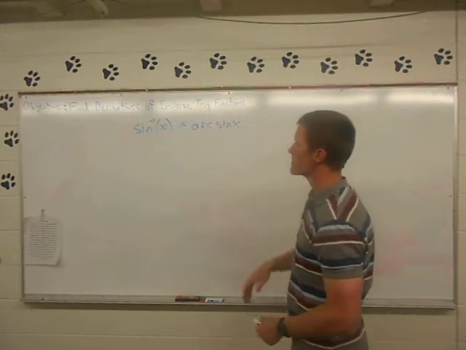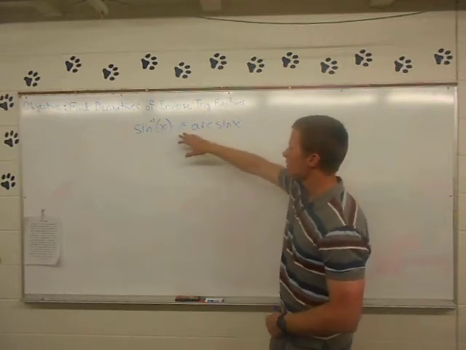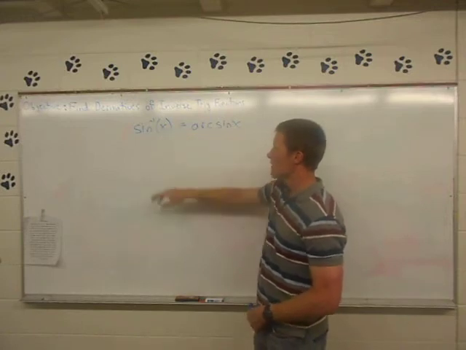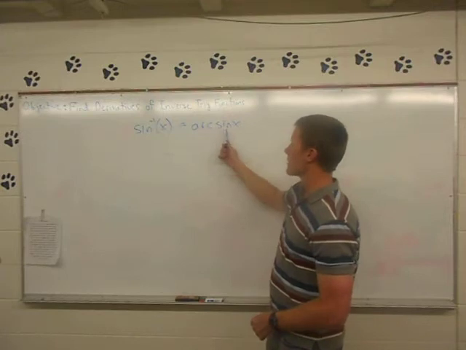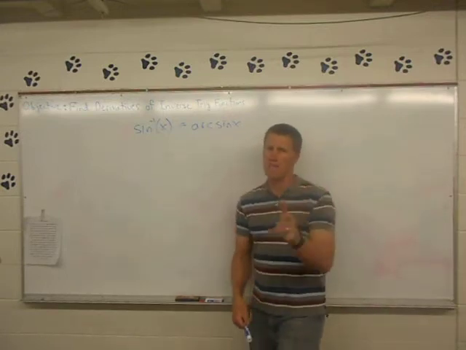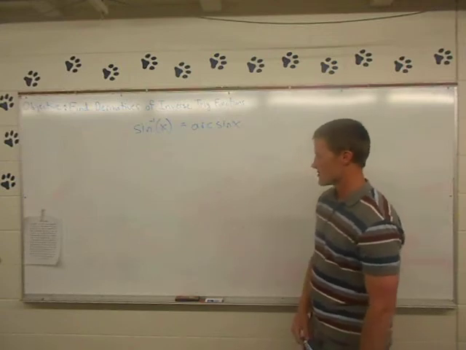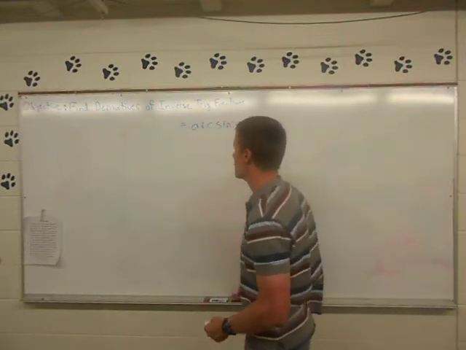But remember, inverse trig, you put in a ratio and you get out an angle. So inverse sine of, say, 1/2 would give out pi over 6. Or arc sine of root 2 over 2, you should be thinking pi over 4. That's how those work. And we are going to take the derivative.